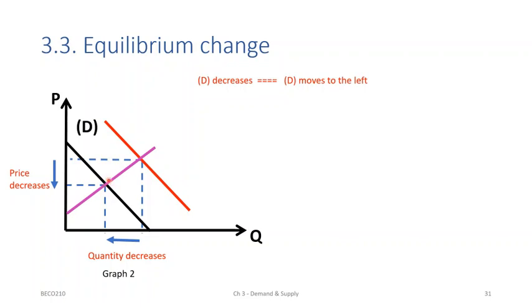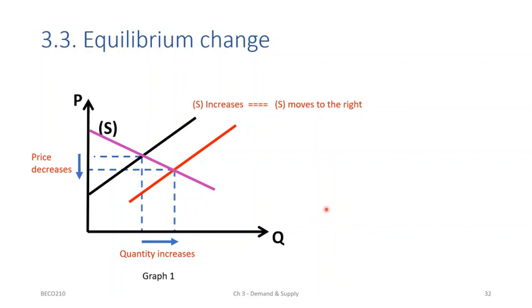The intersection between the black and the purple is the new equilibrium. You can see that the quantity at equilibrium decreases, and the price at equilibrium also decreases. Note that in both cases, the supply did not change.